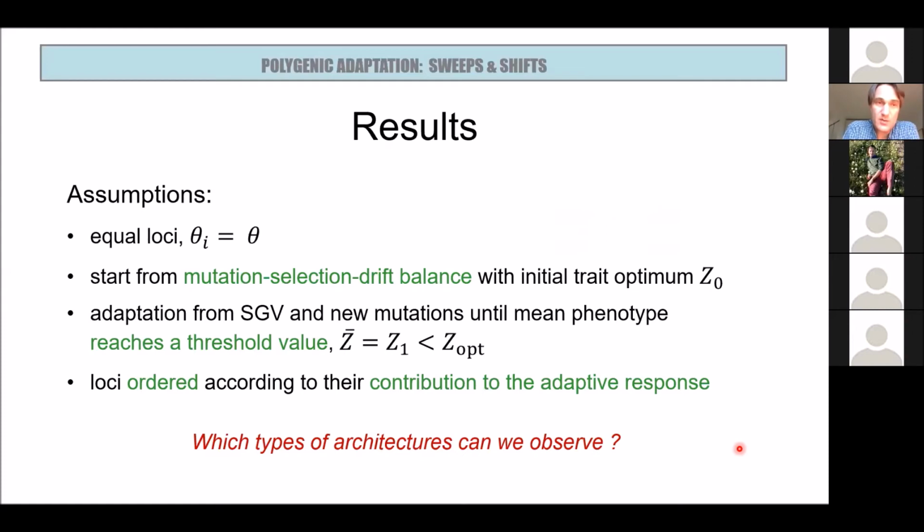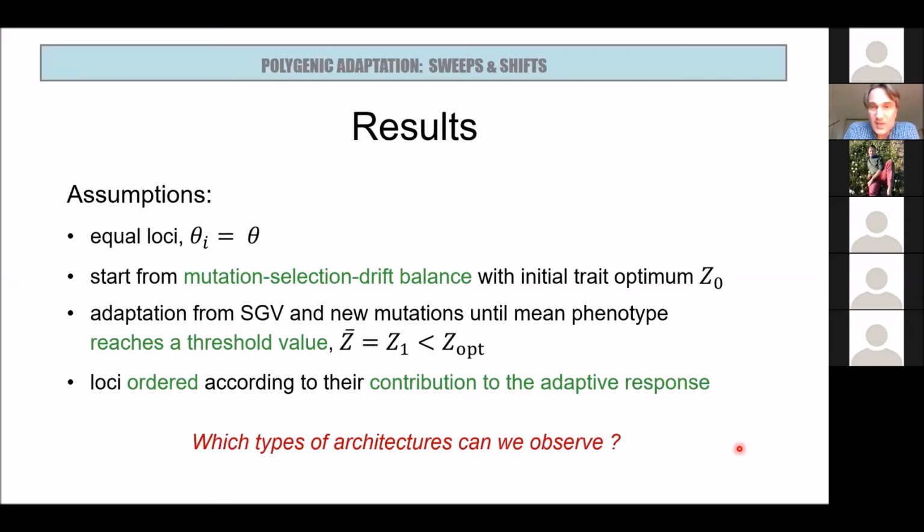Let me summarize the assumptions that I make for the results slides. We assume loci that are not only of equal strength, but also have an equal mutation rate in all these loci. It's not an assumption we need to make, but we make it for simplicity for this talk. We also assume that we start selecting from mutation selection drift balance, a generic assumption for an initial value.